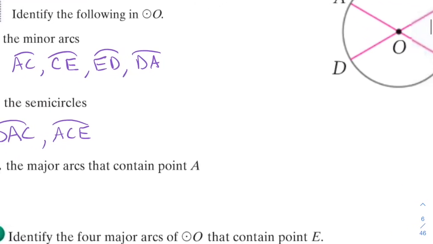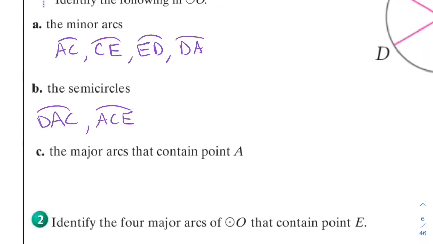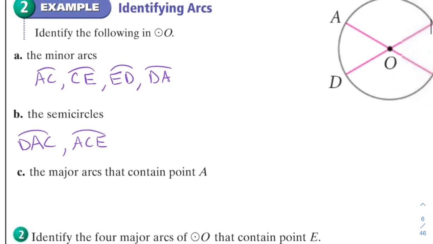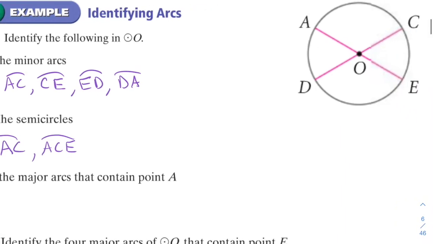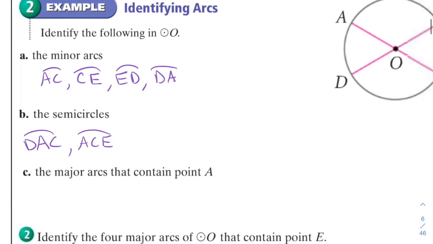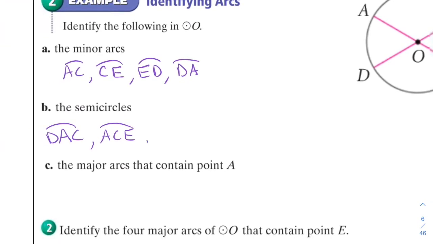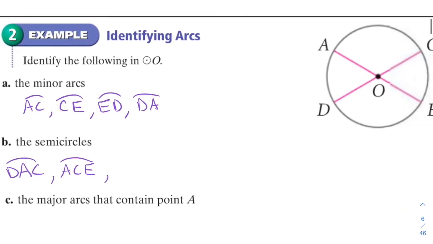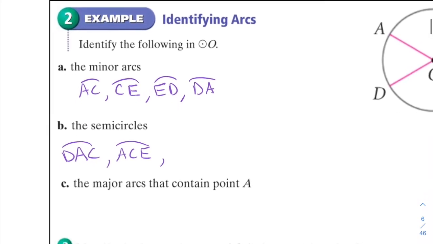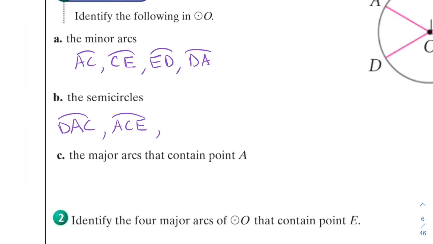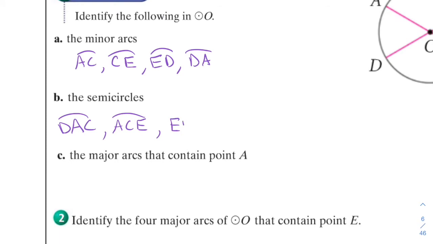ADE is the same as EDA, so really, these are the only 2 unique semicircles that we have. But in repetition, we could say EDA. Wait, I'm sorry. DAC, ACE, EDA is actually on the other side. My apologies. EDA. This is unique.